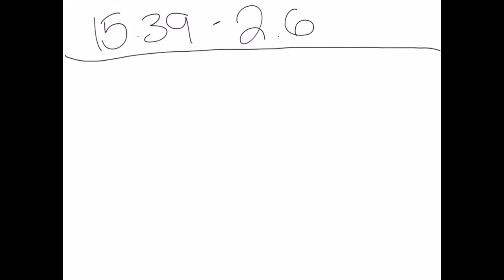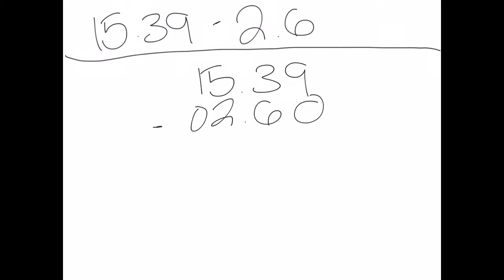To subtract 15 and 39 hundredths and 2 and 6 tenths, we'll line up the decimals as last time, and we'll use zeros as placeholders, and there's the problem all set up.